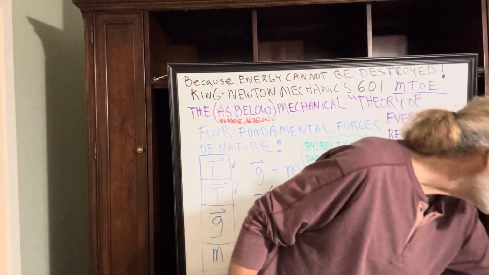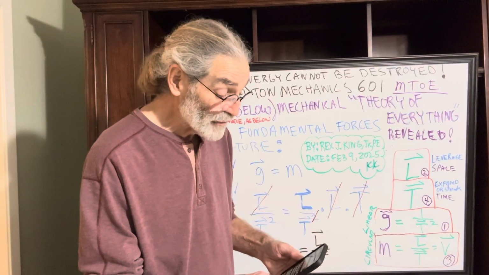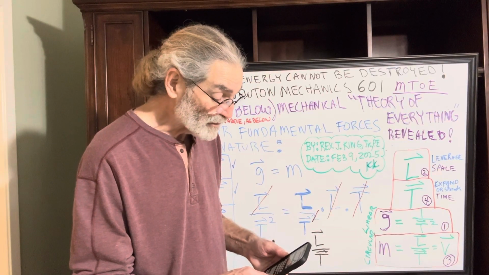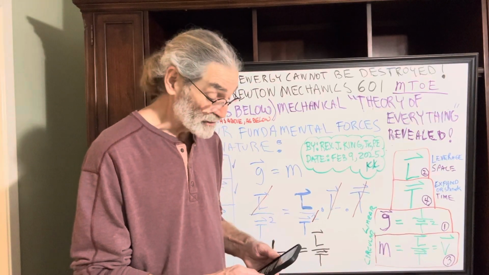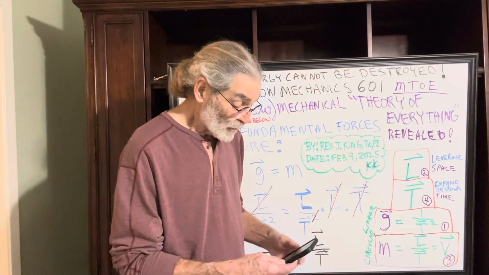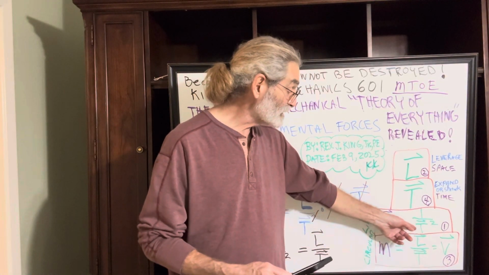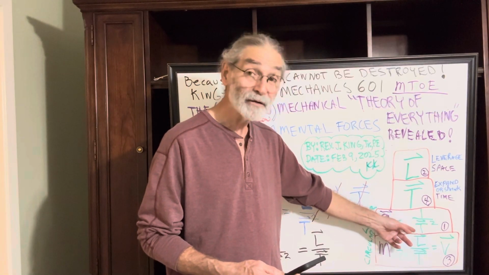So what is the theory of everything? It says the theory of everything is a single framework that explains all the fundamental forces of nature. Right now, we have four forces. Gravity, what keeps us on the ground, okay? What keeps us on the ground is a naturally occurring acceleration on Earth.